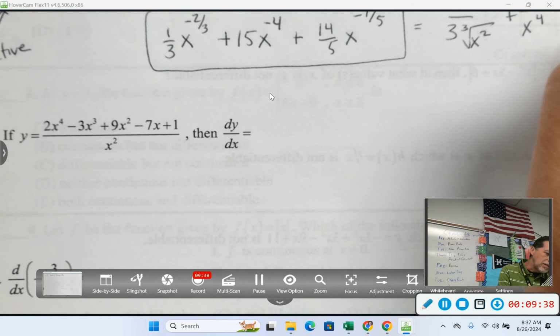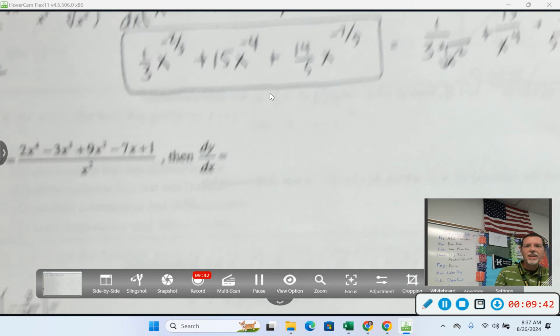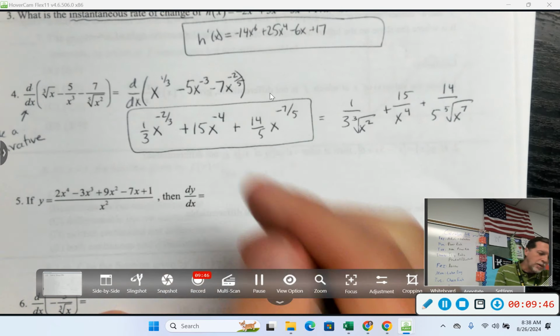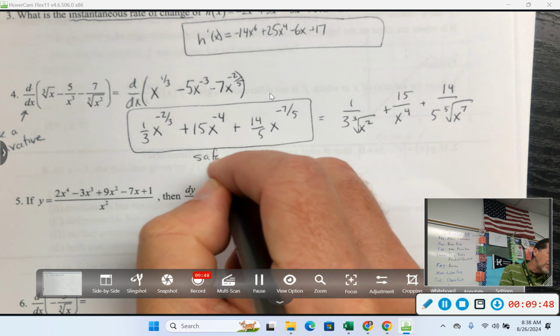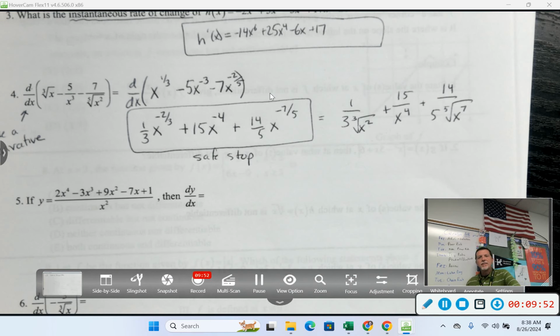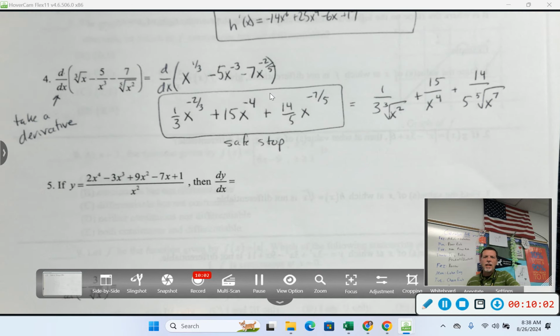I mean, not that you couldn't, you just wouldn't. Not that we're going to see it. So yeah, I'm not even boxing that up. I would definitely do the safe stop and not mess with accidentally making some mistake. I'm trying to double check and make sure I didn't mess anything up. No, I think that's right. But yeah, safe stop though.